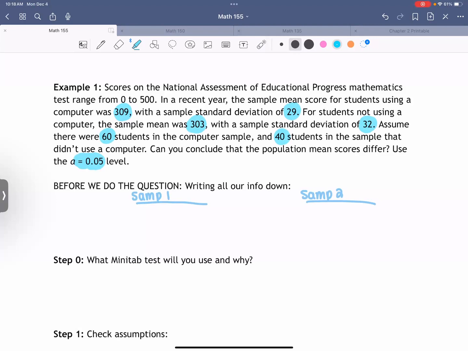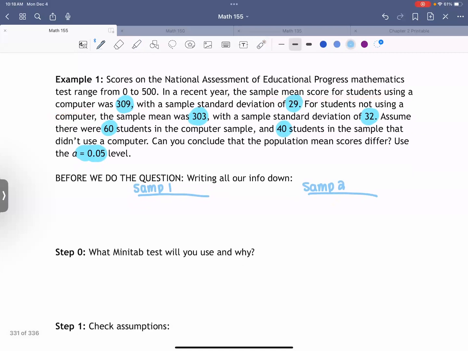Okay, now before I do the question, the first thing I want to do is figure out what sample 1 and sample 2 represent. It doesn't really matter which one is sample 1 or sample 2, but I always go for the first one introduced being sample 1. So going through my question, it says students using a computer was my first sample. So let's just make computer sample 1, okay?